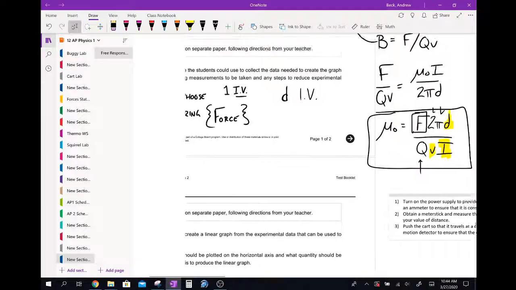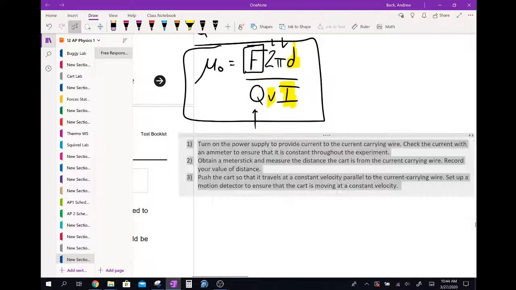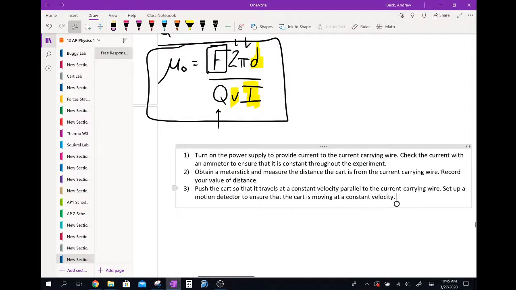But because this is just kind of a thought experiment, we want to cut down on experimental error as much as possible. We're saying, hey, we need to make sure that V is controlled. So yeah, we can use that motion detector to graph velocity data and make sure that it is constant.